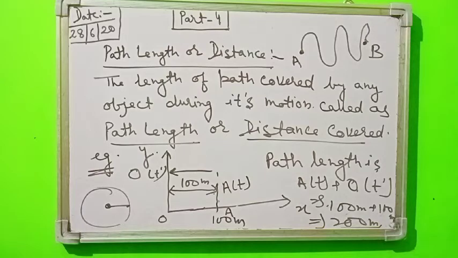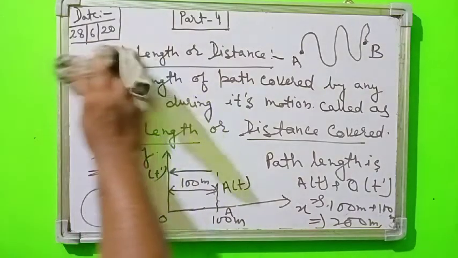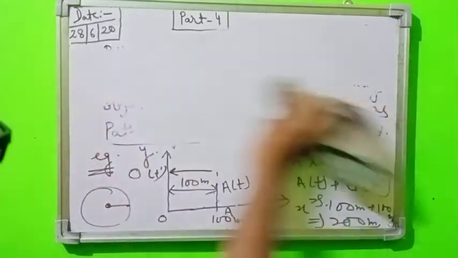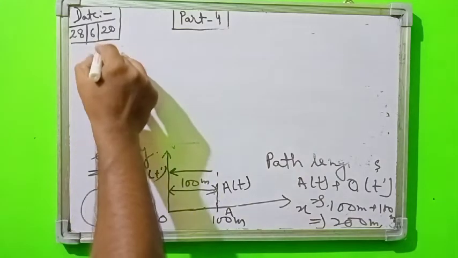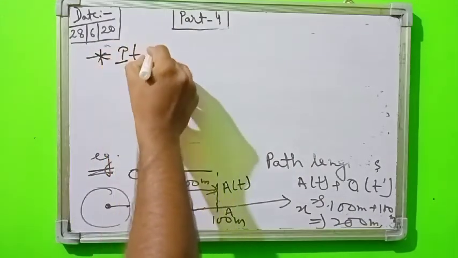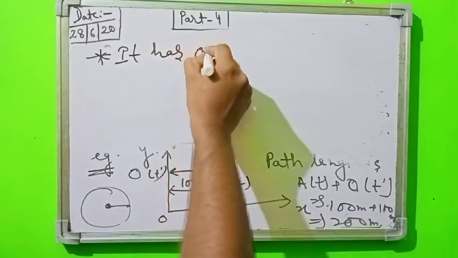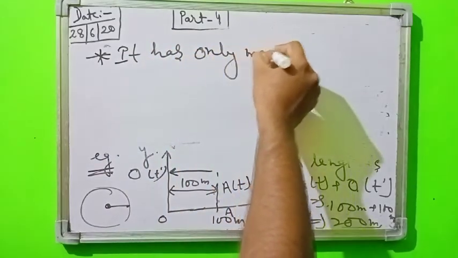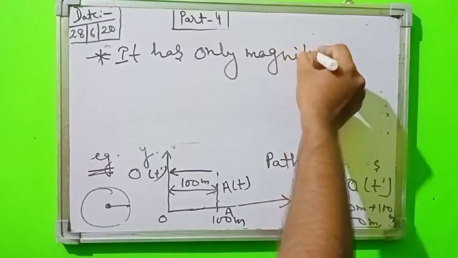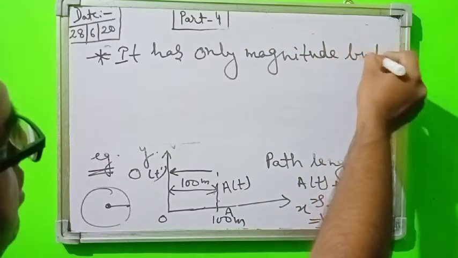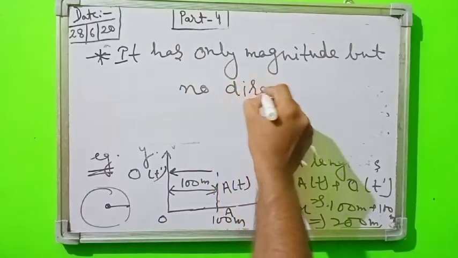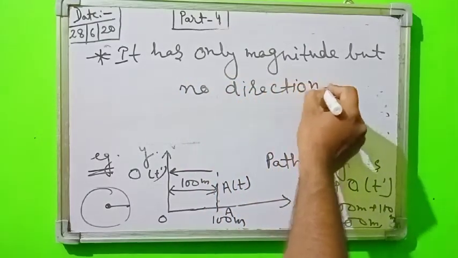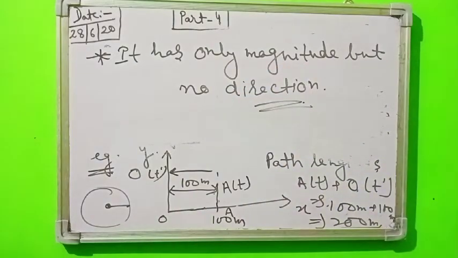Path length is a scalar quantity which has only magnitude but no direction.